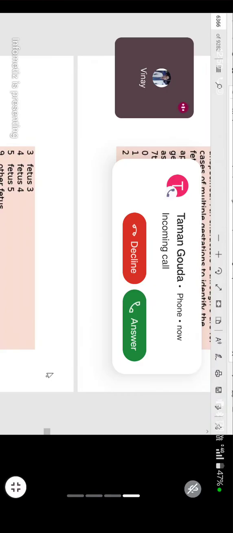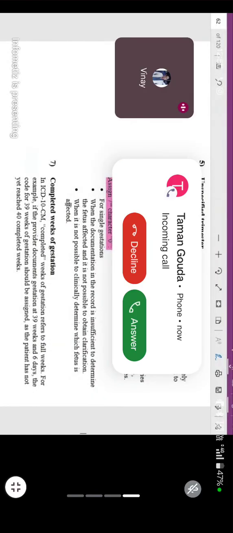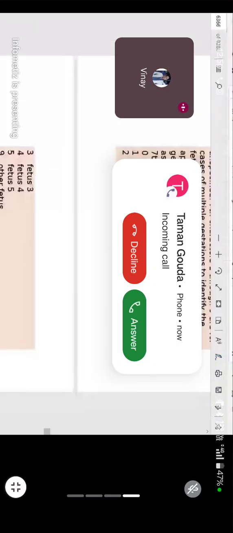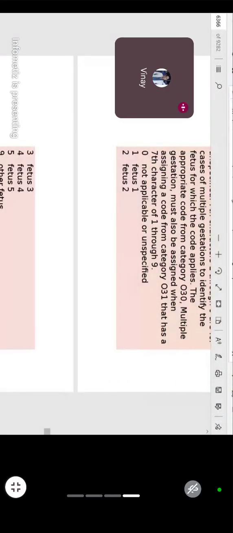This one. So I will code character 0 when this is single gestation. Why am I telling you now? Because for single gestation, people use 1 by mistake.